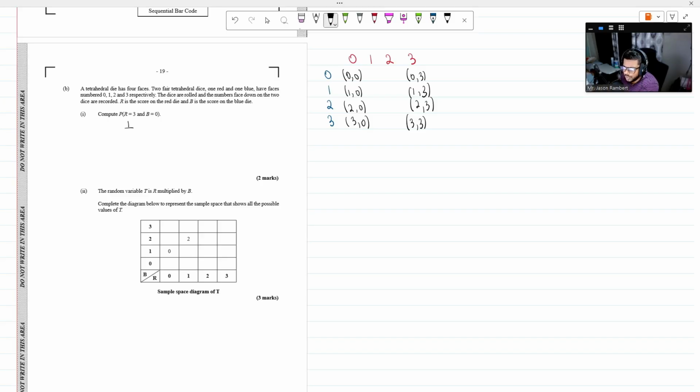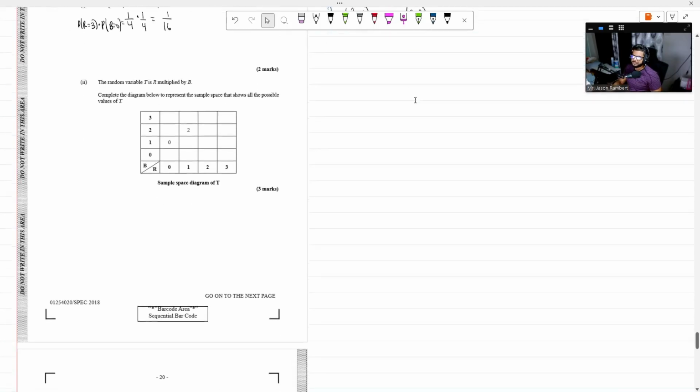This could be a quarter multiplied by a quarter. It's going to be 1/16. Yeah, probability of red by probability of blue. Cool. So the probability that red is 3 multiplied by the probability that blue is 0 is equal to this. All right, so I don't have to go into the sample space diagram.